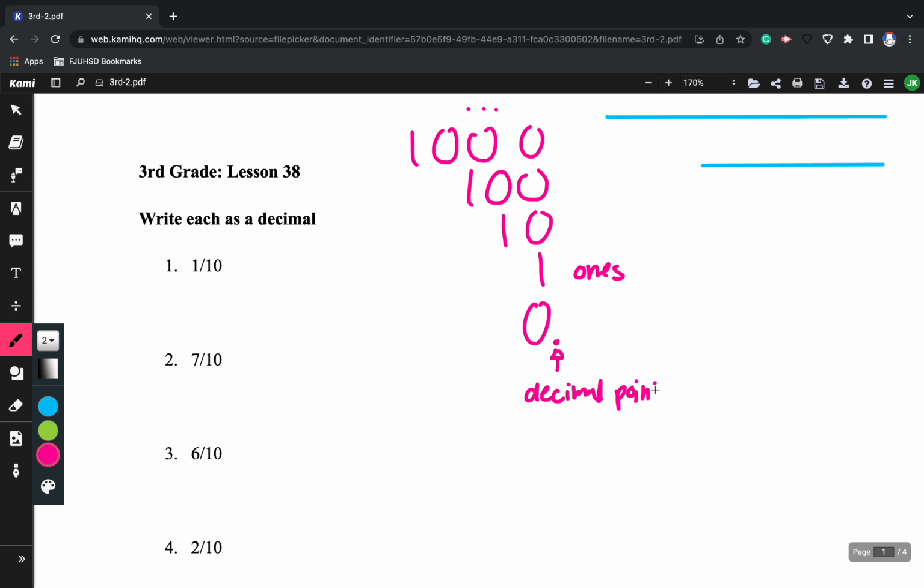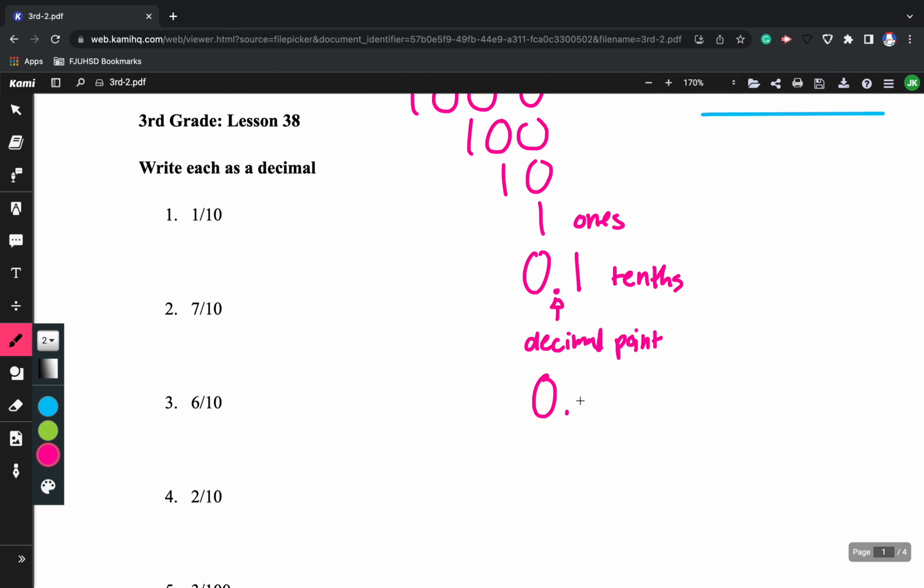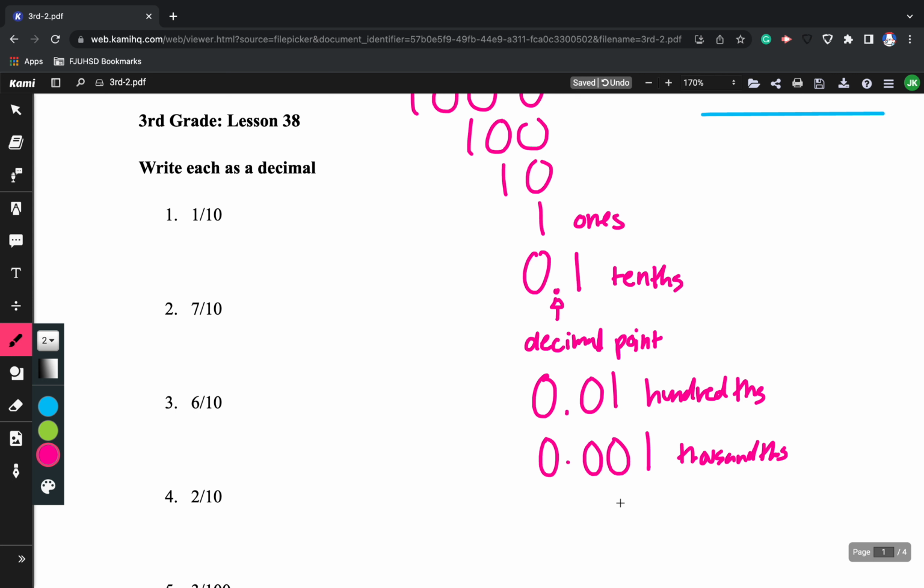It goes from the tenths, to the hundredths, and then thousandths. So these are smaller than 1.